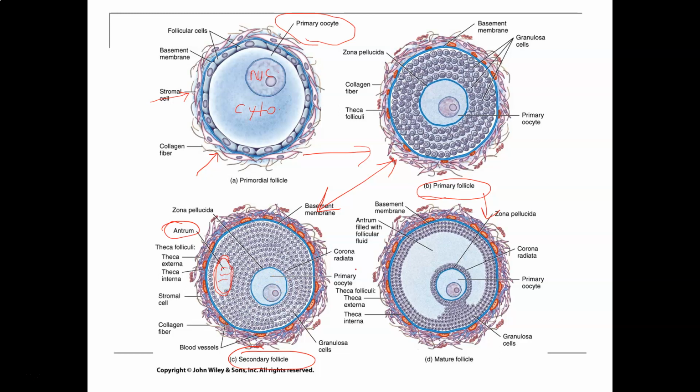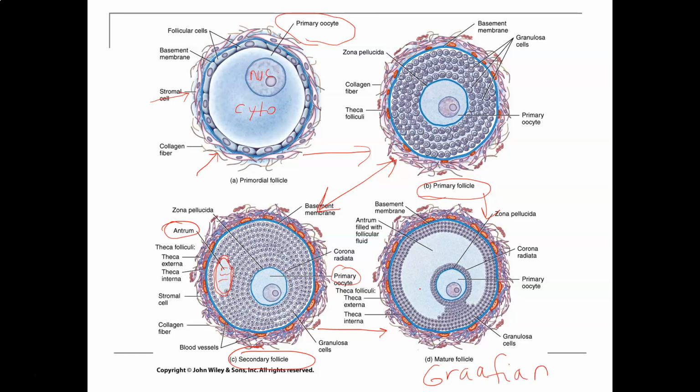Again, the egg, here called primary oocyte, nothing's happened to it. It's just basically sitting there inside the follicle. And then here's a mature follicle, also called tertiary follicle or Graafian follicle.